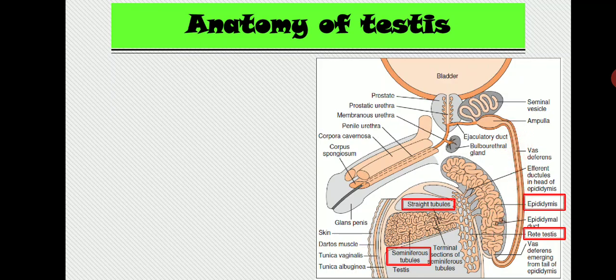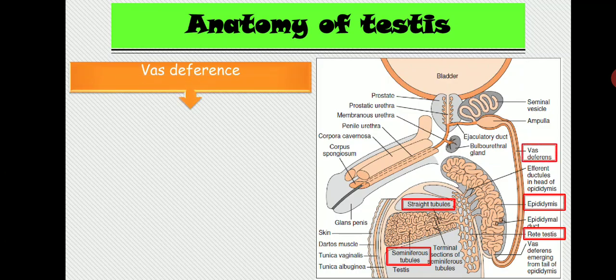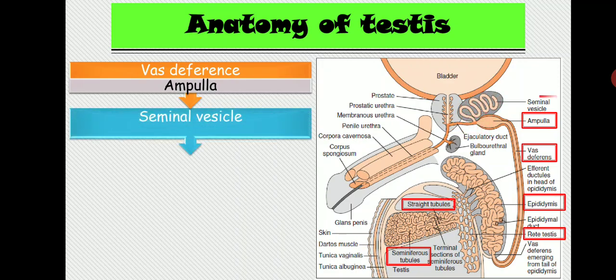This tube is known as the vas deferens, and before the vas deferens ends, there is a dilated portion. That dilated portion is known as the ampulla, right? After that, the seminal vesicle will add its secretion into this structure, emptying inside the ampulla.